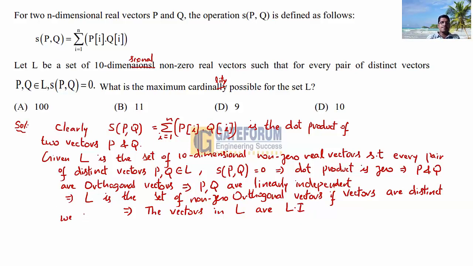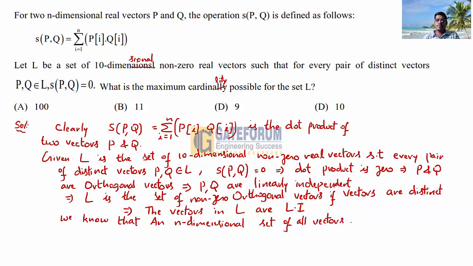We know that an n-dimensional set of all vectors never contains more than n linearly independent vectors.